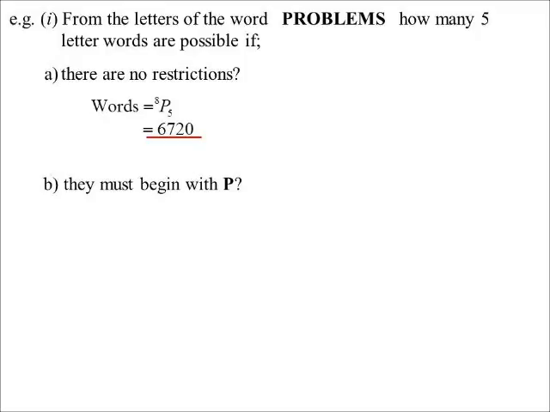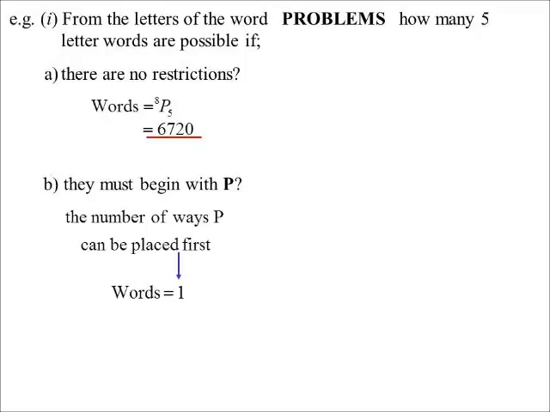Let's make it more interesting. The word has to begin with a P. So we look after the restrictions first. How many ways can the word begin with the letter P? 1. There's only one way it can happen. So the first thing, I've placed the P in the word, going at the front. Only one way I can do it. We now need another 4 letters from the remaining 7.